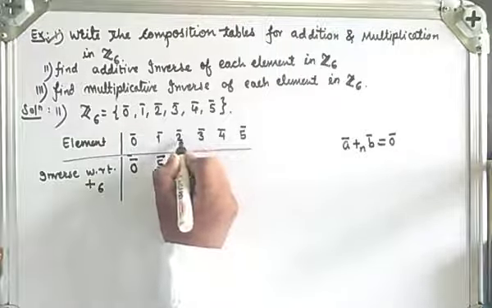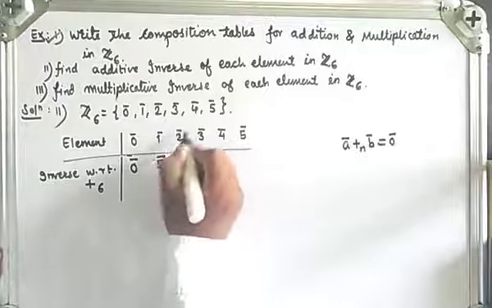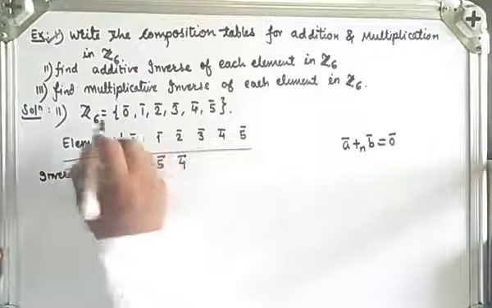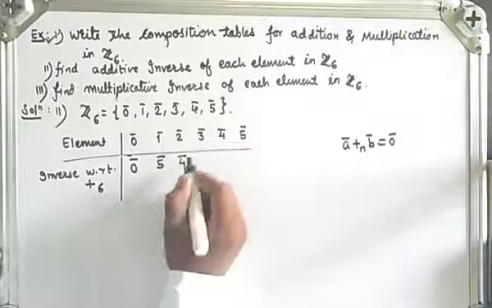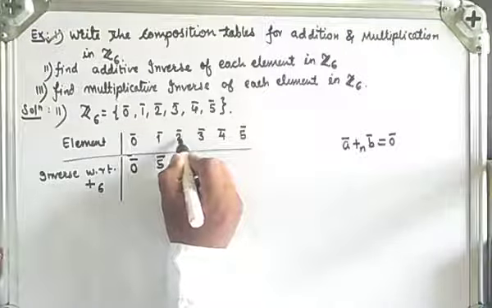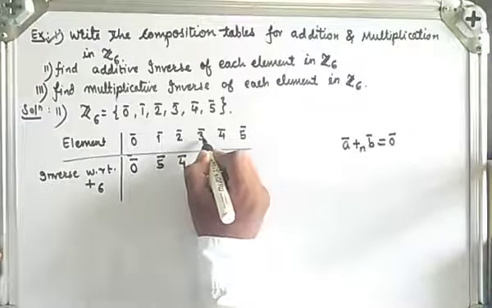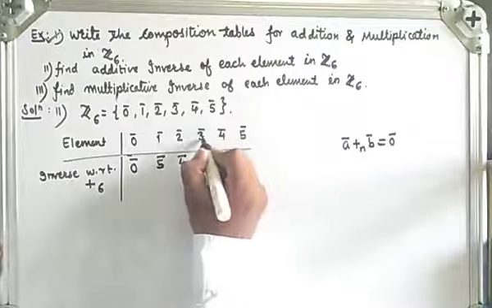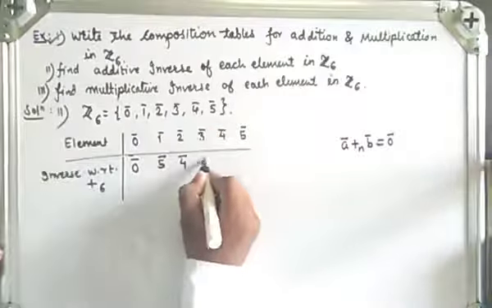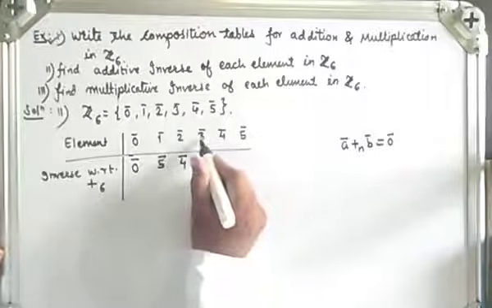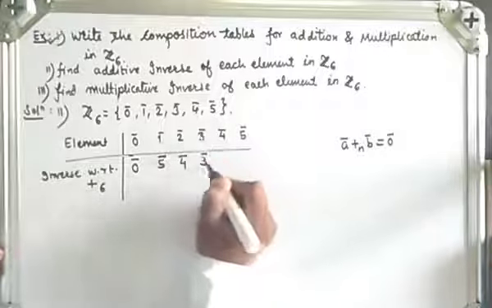If I add 2 with 4, then addition of these two is nothing but 6, and 6 modulo 6 will be 0, right? So the inverse of the element 2 is 4. Now next 3. If I add 3 bar with 3 bar, then addition of these two numbers will be 6. So the inverse of element 3 bar is nothing but 3 bar.